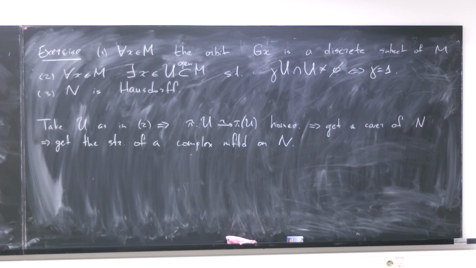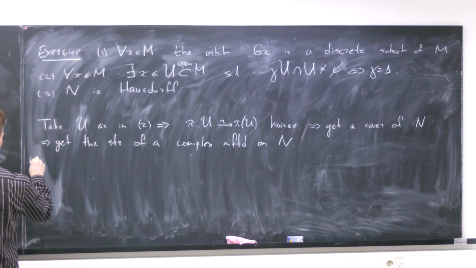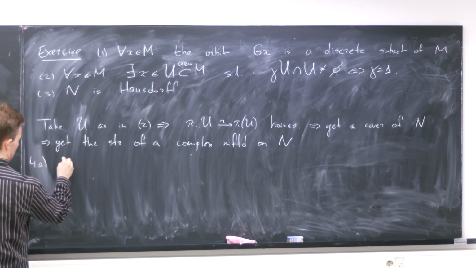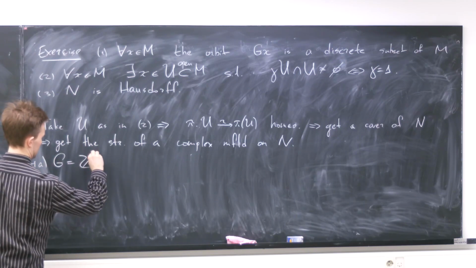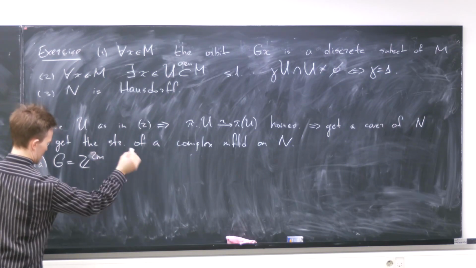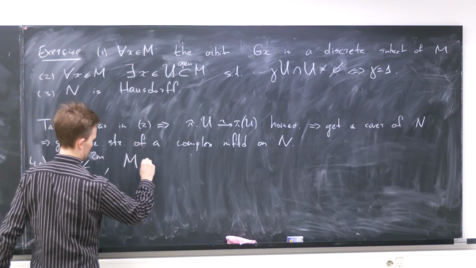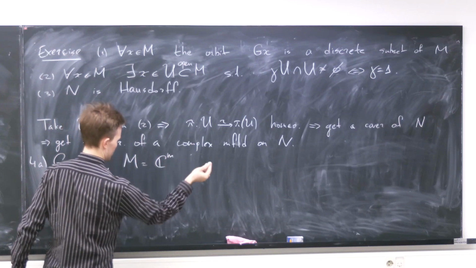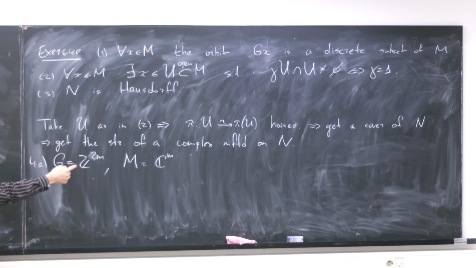Okay, so what are the examples? I want to give two very basic examples where this construction can be used. Example A: I'll take just the lattice Z^2m, and my manifold M will be C^m. Of course, Z^2m acts by translations.